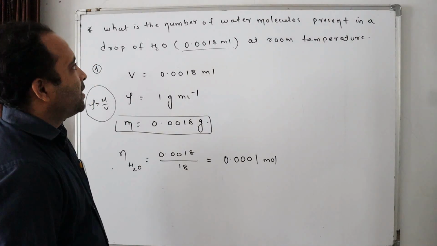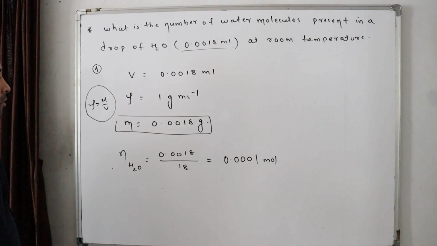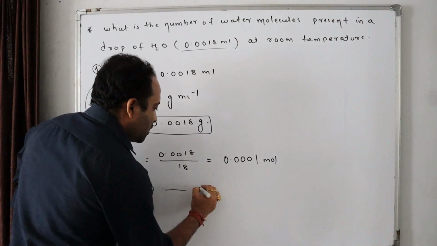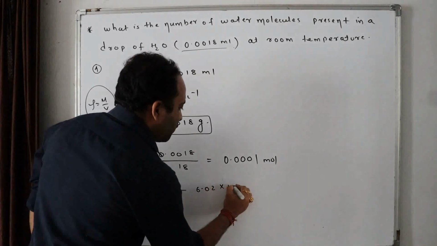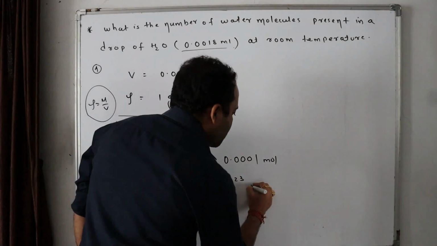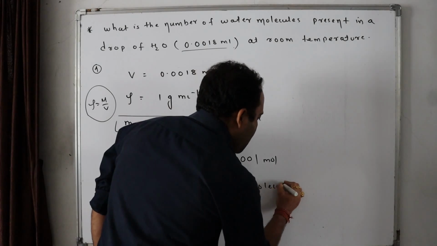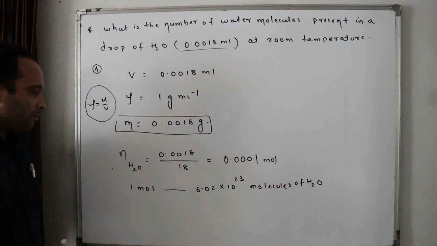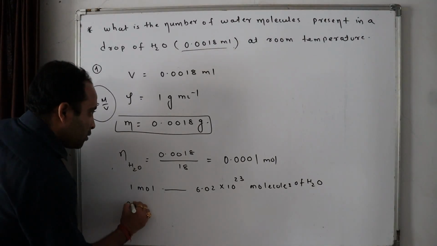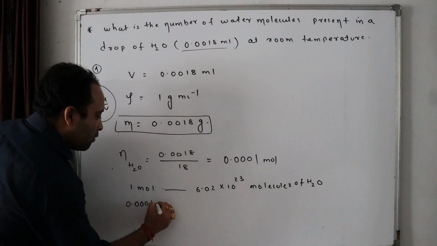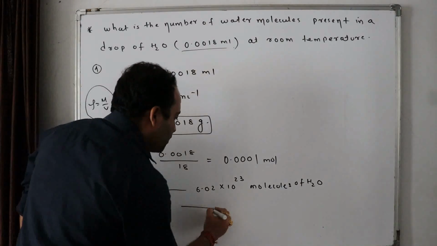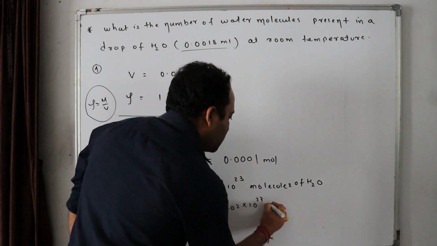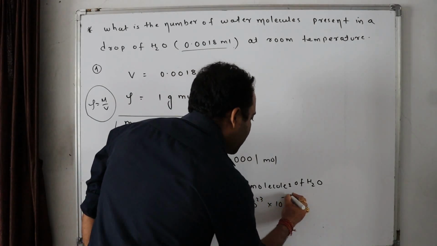Now this many moles. Now number of water molecules, we know that 1 mole has 6.02 into 10 to the power 23 molecules of water, isn't it? So 0.0001 mole will have how many molecules? 6.02 into 10 to the power 23 into 10 to the power minus 4.